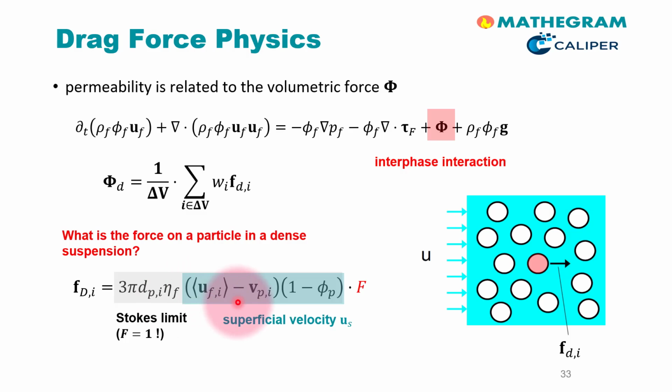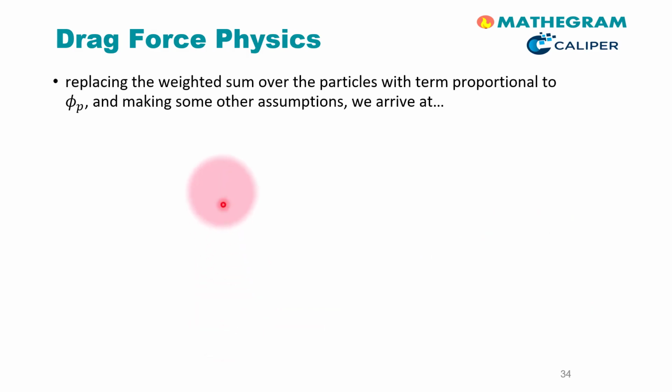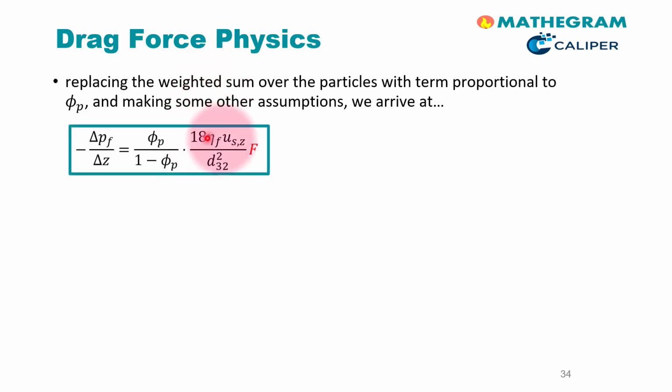Let us now continue with the next important result, which can be obtained when replacing the weighted sum over the particles in our fluid momentum balance with a term proportional to phi_p.